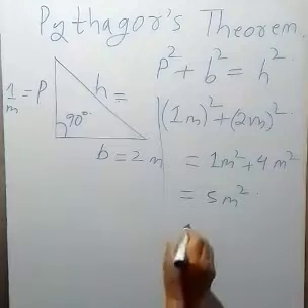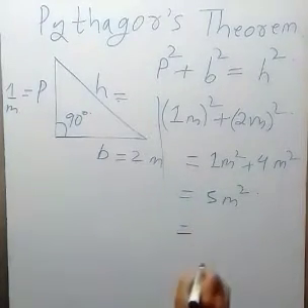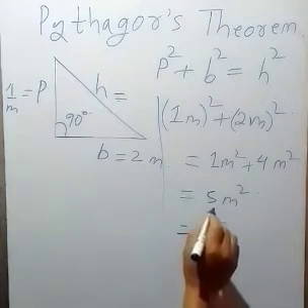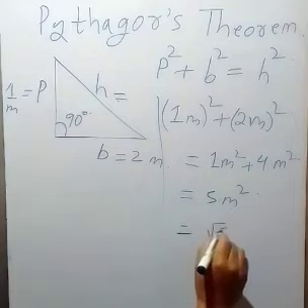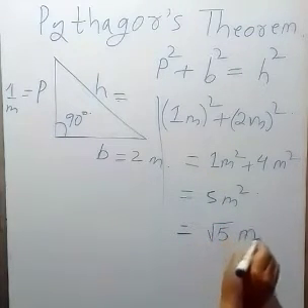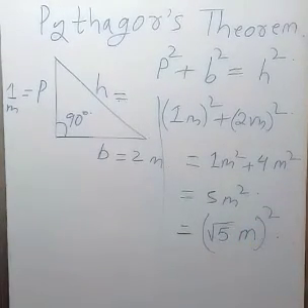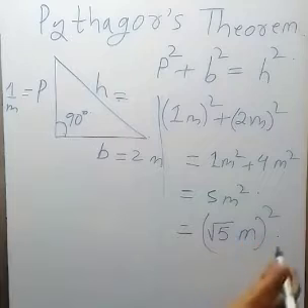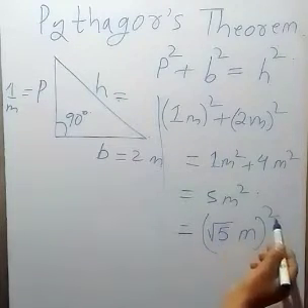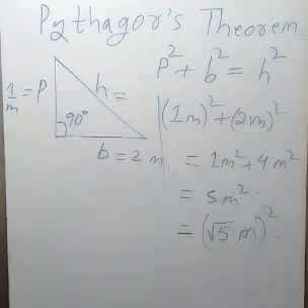Or this will be equal to, when you use the bracket, root 5 m, and outside will be square. Or on the opposite side, if there is a square of root 5, then it will be 5. Square of m means m square.